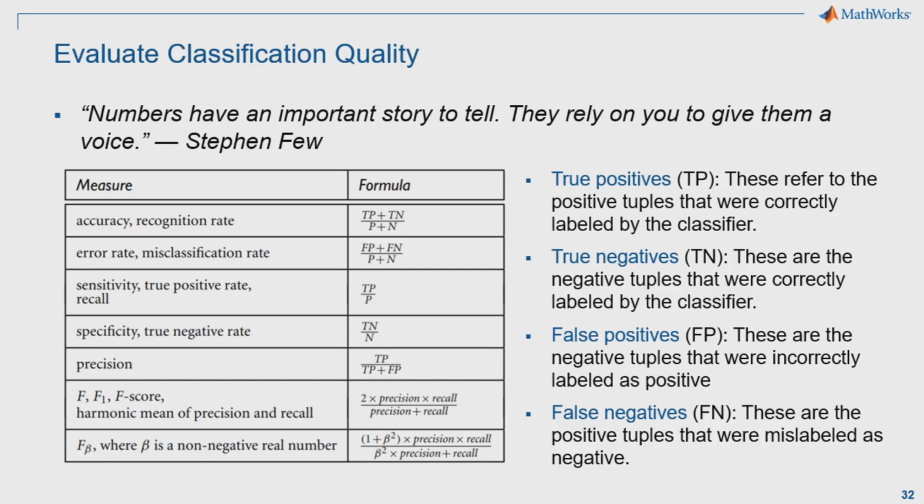So true positives, of course, are the examples from this class that are correctly labeled, and by contrast, true negatives are the negative tuples, the examples coming from the negative class that are correctly classified, correctly labeled. And then there are also false positives and false negatives, which are the negative tuples incorrectly classified as positive, and the positive tuples incorrectly classified as negatives.